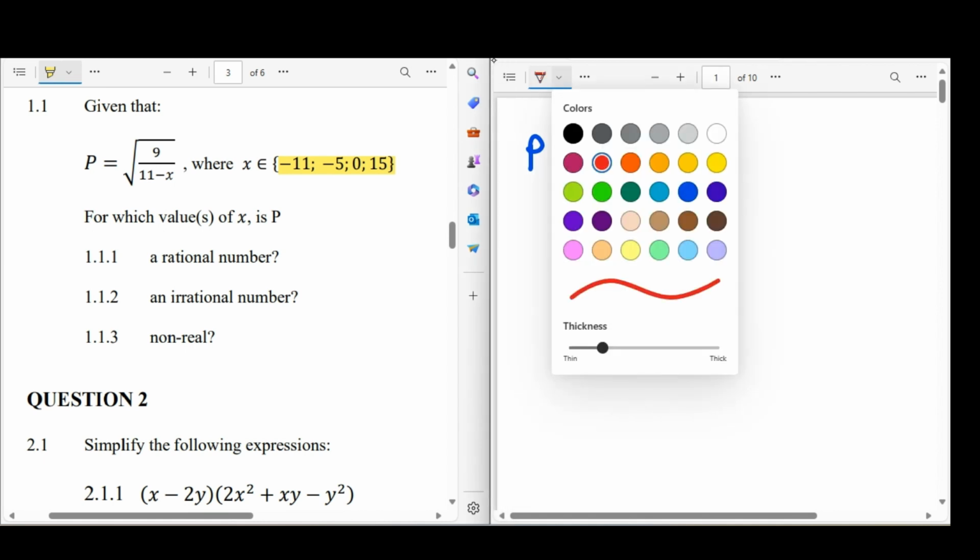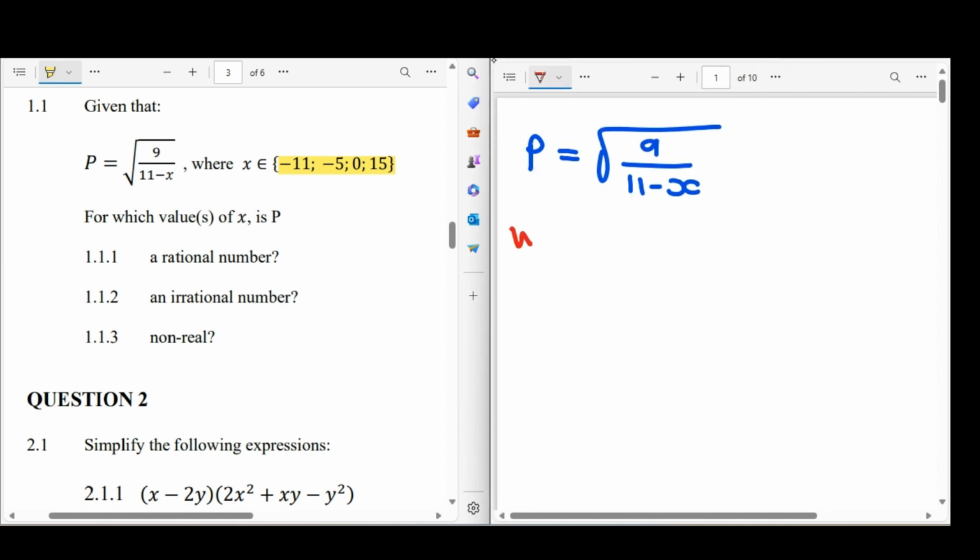First of all, let's say when x is negative 11. We just start with that one first. Then p is equal to the square root of 9 over 11 minus negative 11.